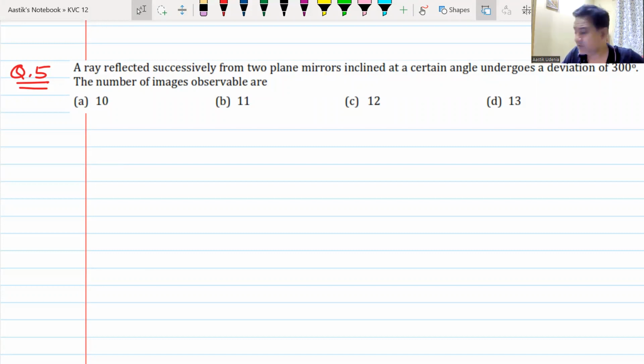To solve this question, what we are going to do is just note down this important point, and I'll give you that important point here just now.